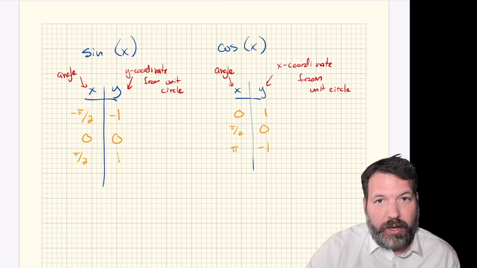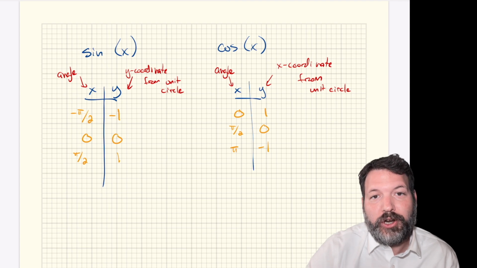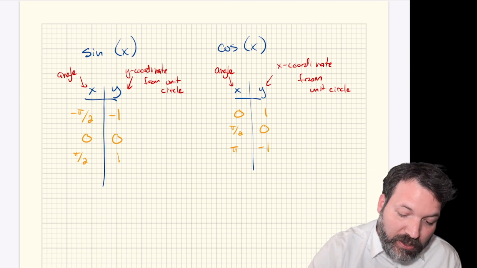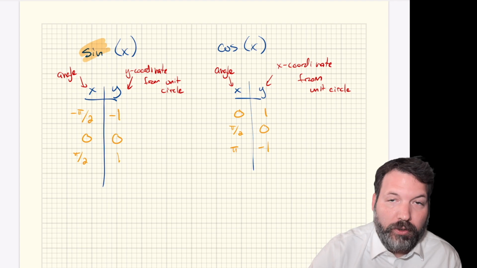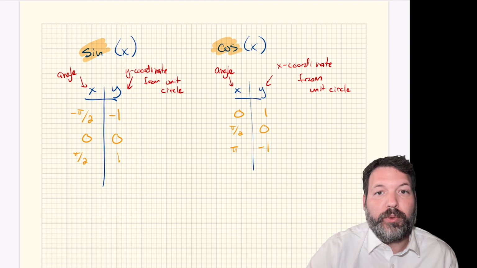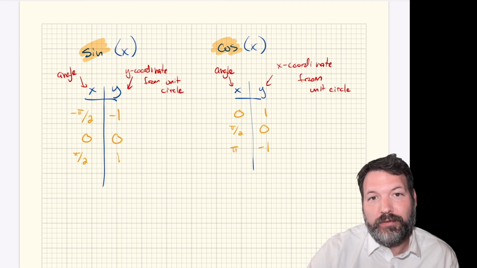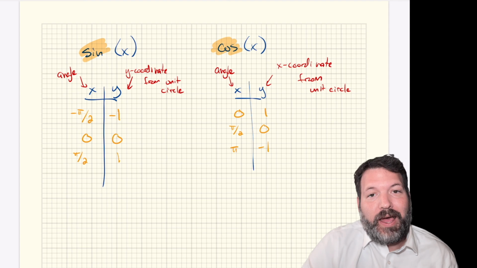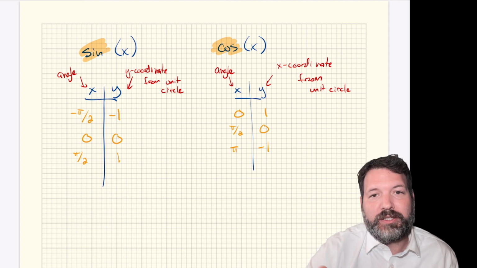So sine and cosine are both examples of function notation. But instead of just using the generic rule f, we specifically use this particular label, sine or cosine, depending on what it is. These rules basically get used so often that we give them special names that we want to remember always and that we want to stand for the same thing always. Whereas f of x is just very generic. F of x stands for anything.